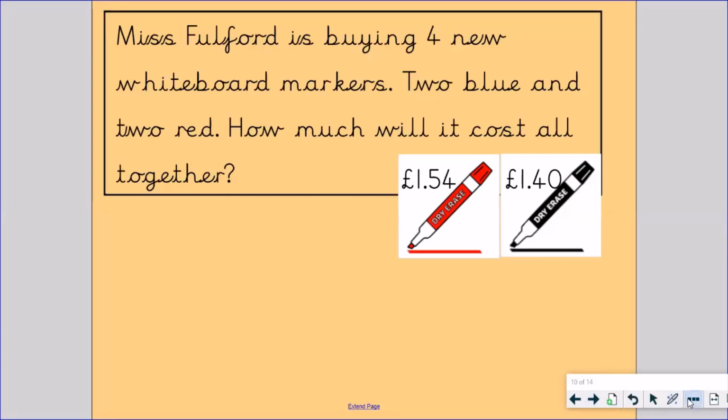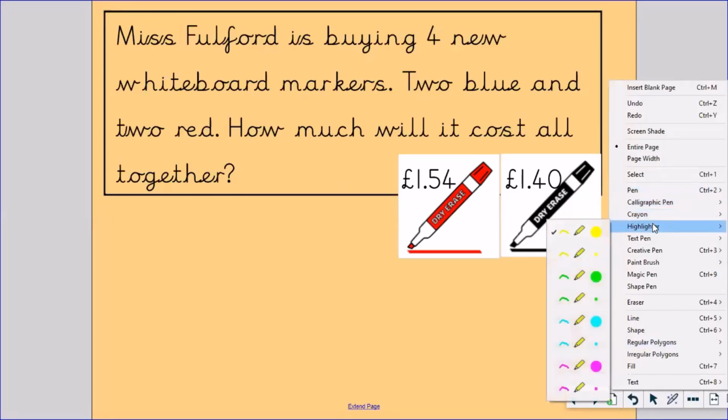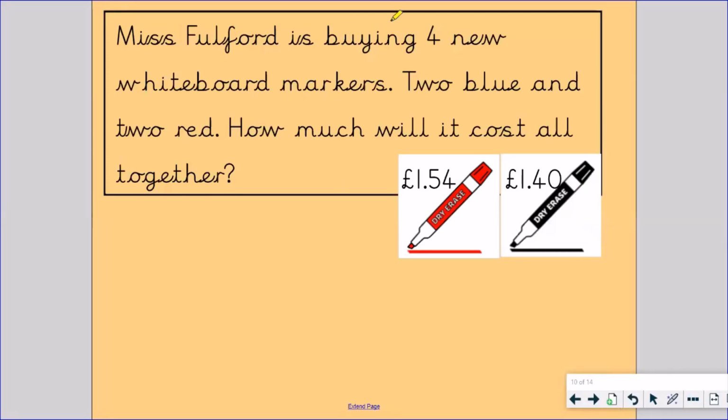Okay, so first thing I'm going to look at is the numbers. So I've got 4 new whiteboard markers, 2 blue and 2 red. And then I'm also going to just read the last question because that's where it really tells me what I'm doing. How much will it cost all together?